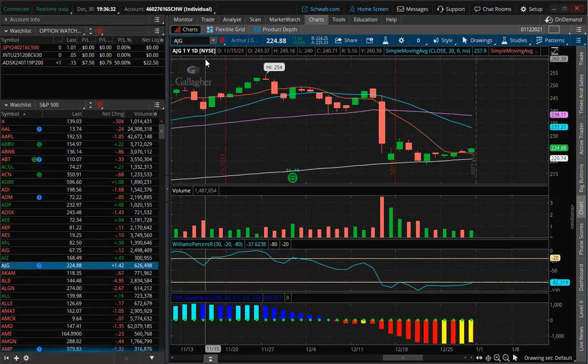But I have a homework assignment. I want you to use your simulation account, which for me would be this one. Use your simulation account to buy put options when a stock reaches a new high for the year.